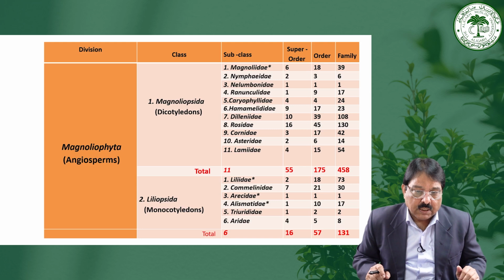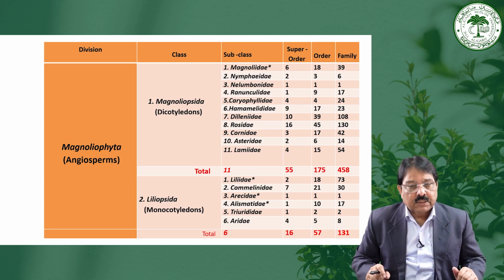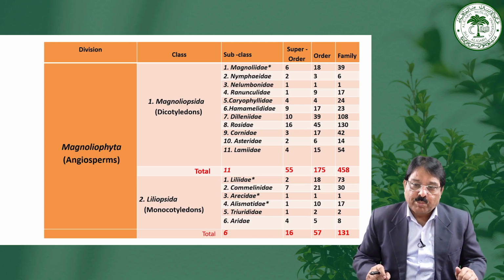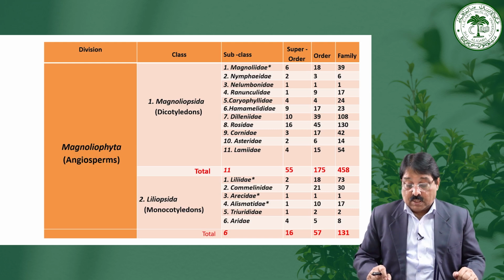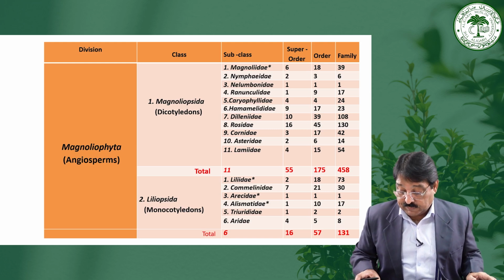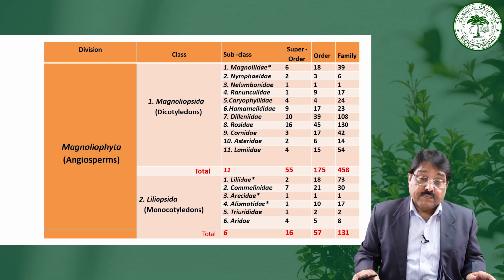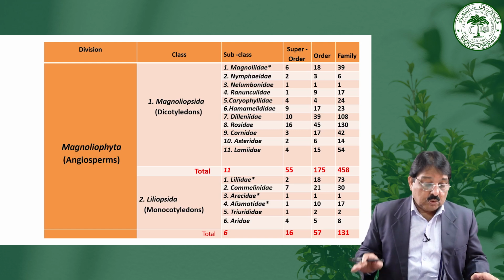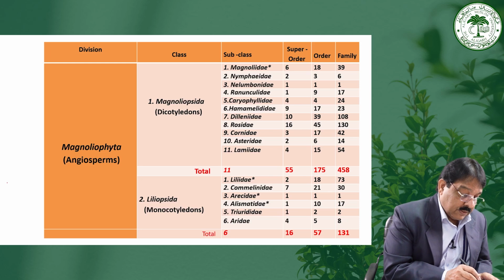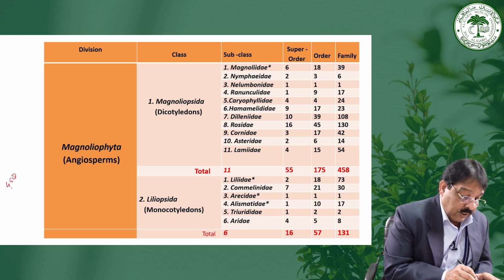Similarly, in the case of Liliopsida, it is divided into 6 subclasses and 16 superorders, and 57 orders, out of which these 57 are bearing the 131 families. So the total number of families is 589, that is 458 and 131, 589 families.